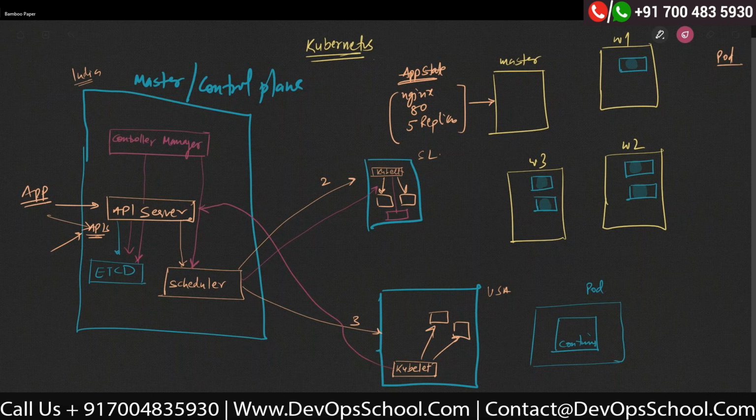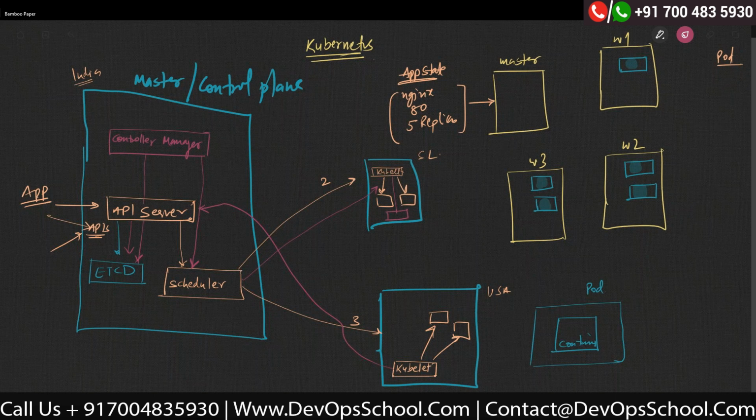But this controller manager is a loop. It's an always running loop. All right, so it will always, maybe every 5 seconds or every 10 seconds or 15 seconds, which is a configurable unit of time, every n number of seconds, it will keep an eye, it will check the state of the cluster and will do something if there's an inconsistency in the cluster.